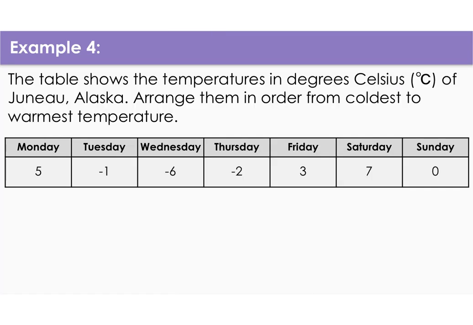The table shows the temperatures in degrees Celsius. Arrange them in order from coldest to warmest temperature. So I am going to start with the most negative number. So remember, when I think of integers, I need to think of the smallest number is to the left. So if I was to arrange these, -6 would be my smallest number.